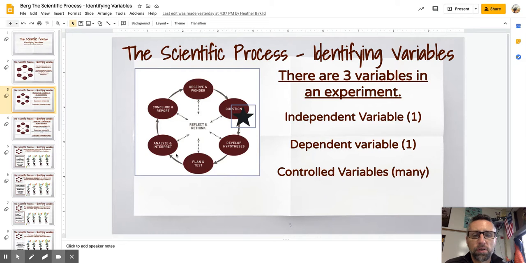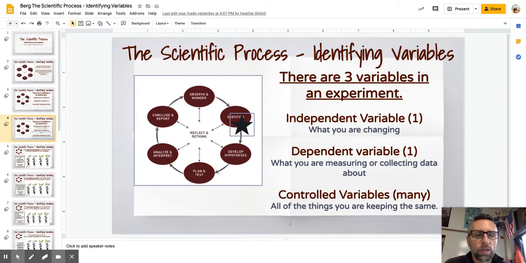And so everything else needs to be controlled. So that's why controlled variables can have many, while the other ones only get one. So, review from last week: independent variable, what you're changing; dependent variable, what you're measuring; and controlled variables, what you have to keep the same. Let's look at some examples.